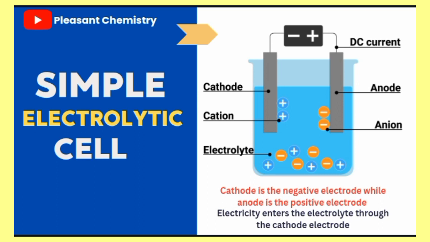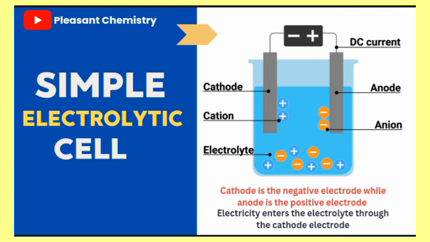So those ions inside the electrolytic cell, mainly when the electric currents enter, they dissociate, because an electrolyte is made up of two ions, the cations and the anions. So mainly when electric current enters into the electrolyte, the ions split and migrate to their respective poles.